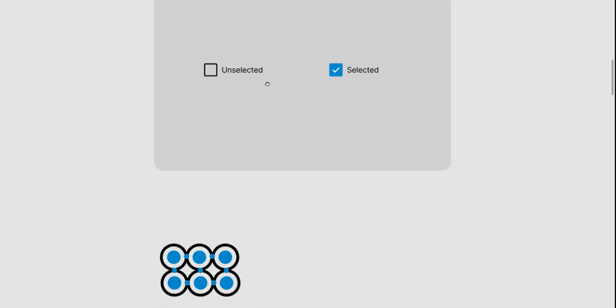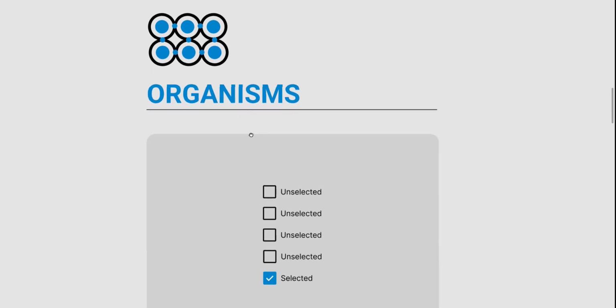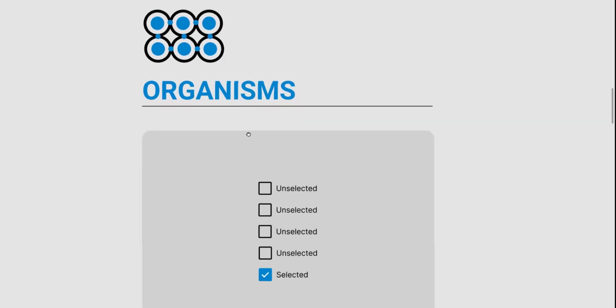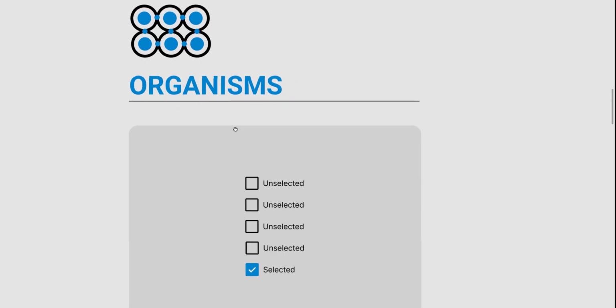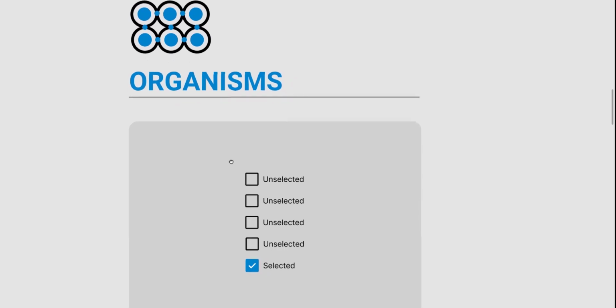So we have molecules. And when we join many molecules, we have organisms. It's hard to pronounce. So we have a group of molecules here, and we have unselected ones, 1, 2, 3, 4, 5, whatever. Then we have the selected one in this example.